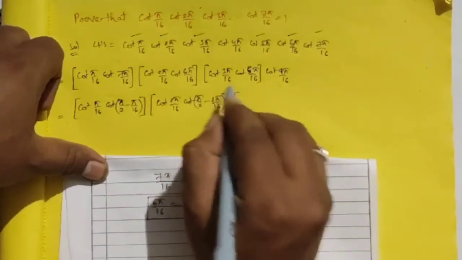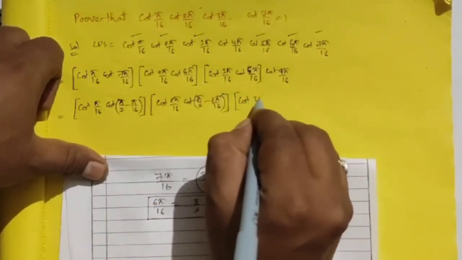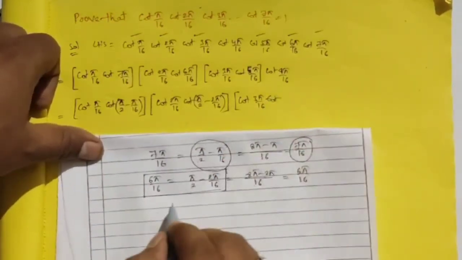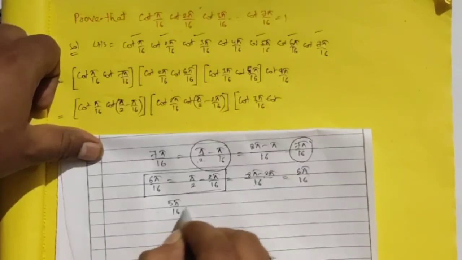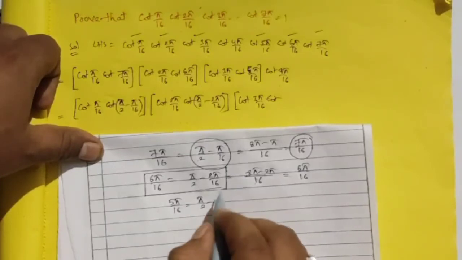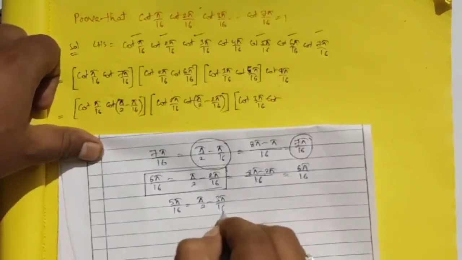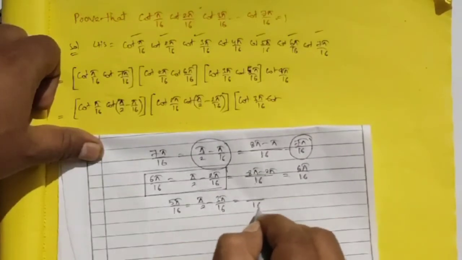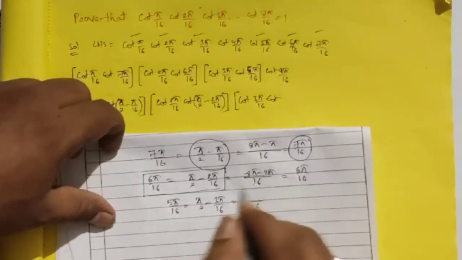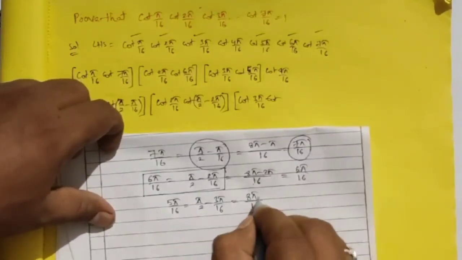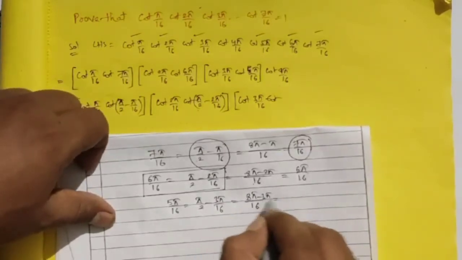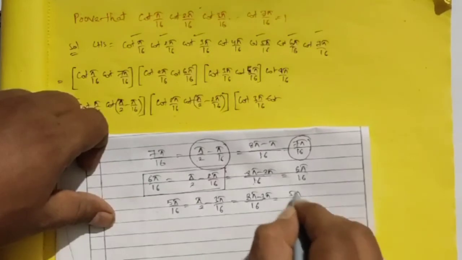and then take the next term, cot of 3 pi by 16 into cot of 5 pi by 16. We can write it as pi by 2 minus 3 pi by 16, because 16 is the LCM and 2 eights are 16, which means 8 pi minus 3 pi, and 8 pi minus 3 pi becomes 5 pi by 16.